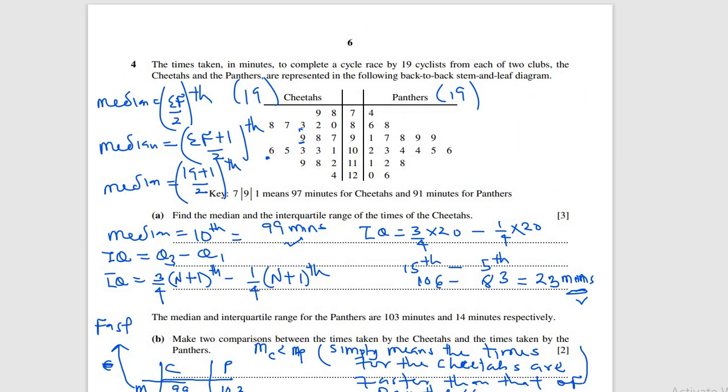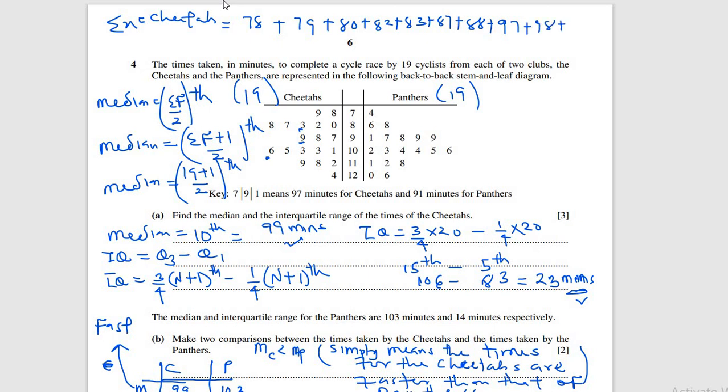I want to do summation x for cheetah. 78 plus 79 plus 80 plus 82 plus 83 plus 87 plus 88 plus 88 plus 97 plus 98 plus 99.